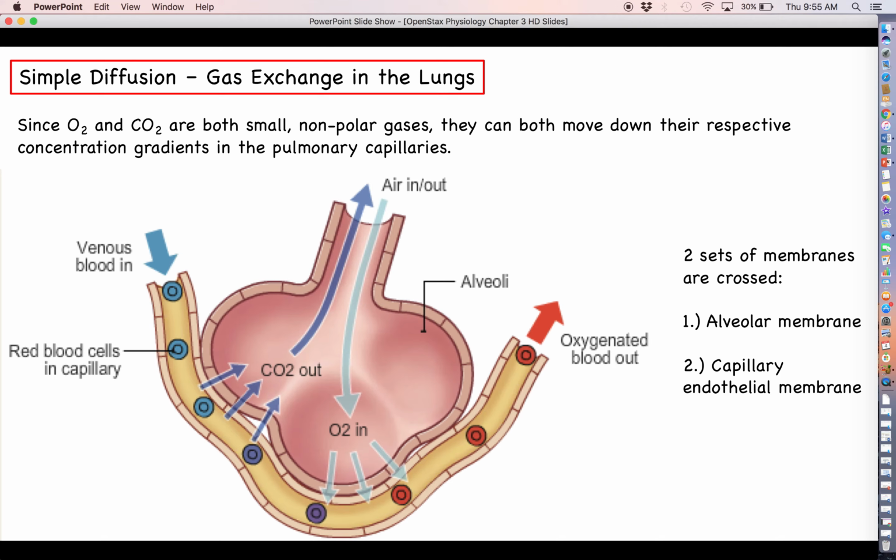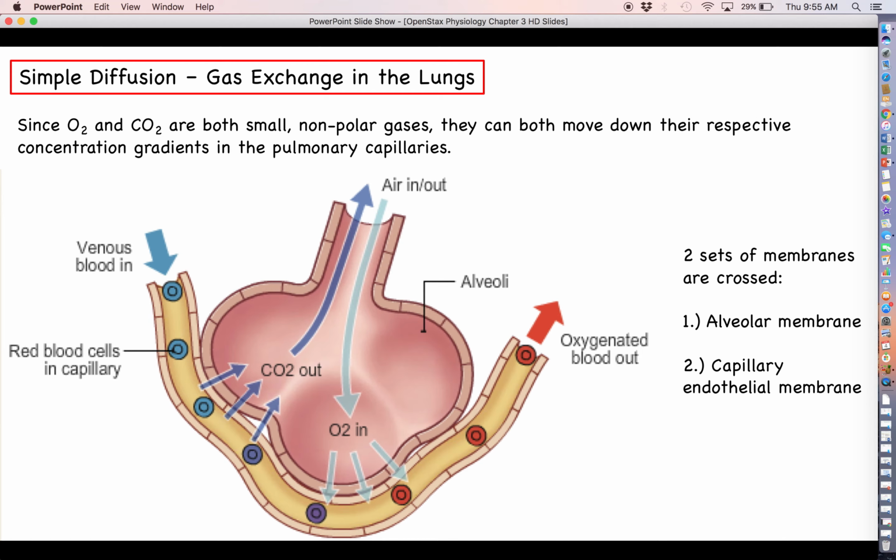They are both small, nonpolar gases, and they can move down their respective concentration gradients by moving across membranes from high to low concentrations. What you're looking at here, this big pink sac, is one of the inflatable sacs in your lungs called alveoli. When you take a deep breath in, your lungs are going to expand with air from the environment, and these sacs are going to fill up.